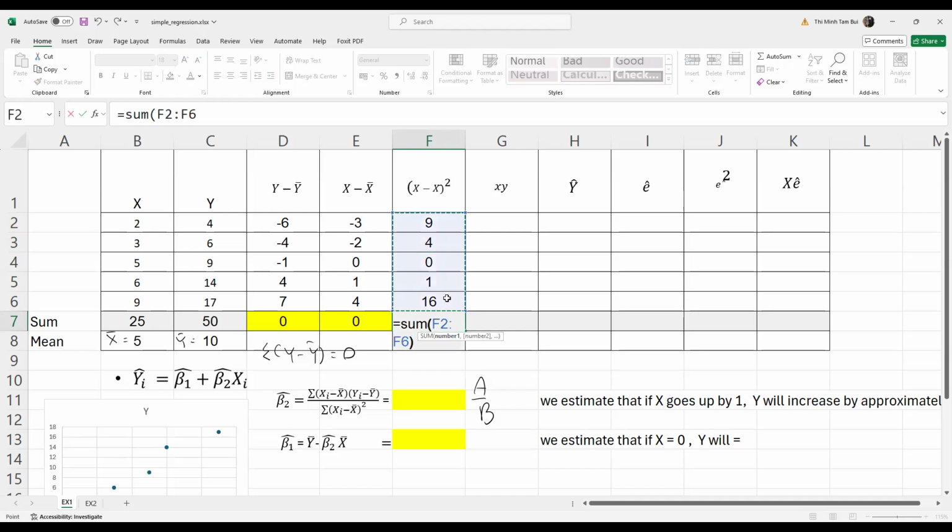Okay, I will help you. Equal this cell E, just click. Okay, and power, yeah, 2.